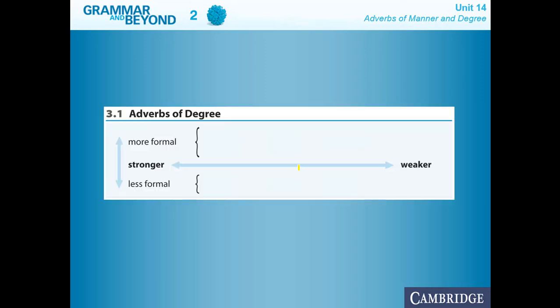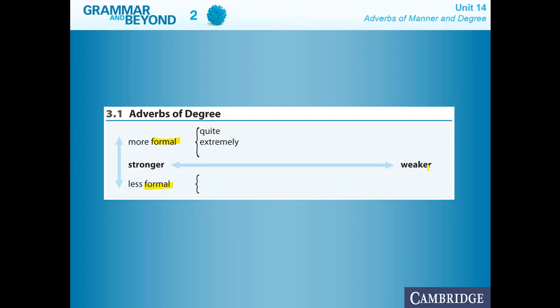Okay, we're going to see here some adverbs of degree, and they are going to be categorized according to if they are formal or if they are informal or less formal, and also if they make the part being modified stronger or weaker. For example, we have quite. It's really formal and it's really strong.